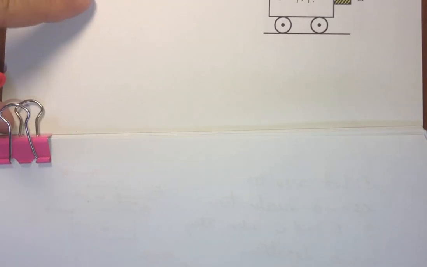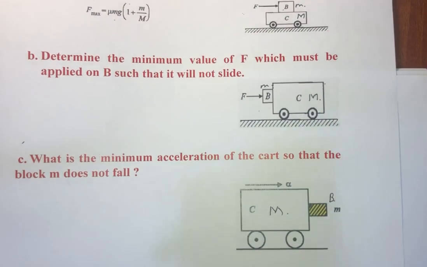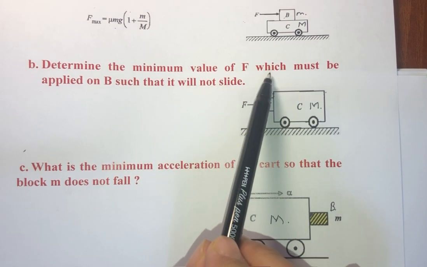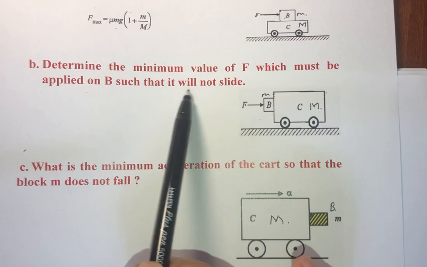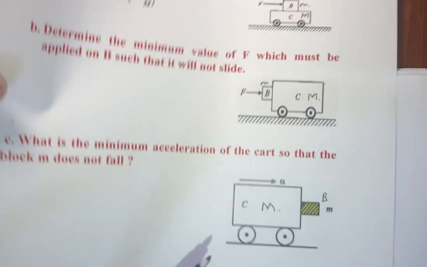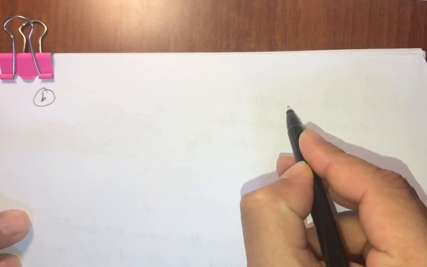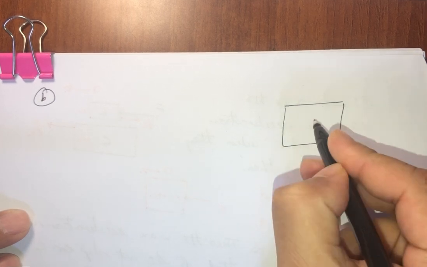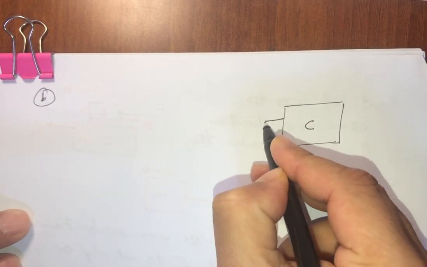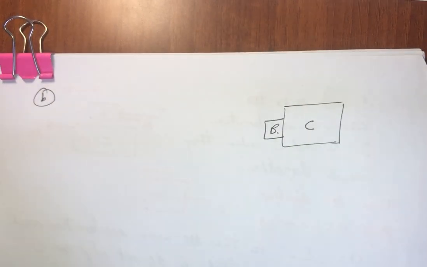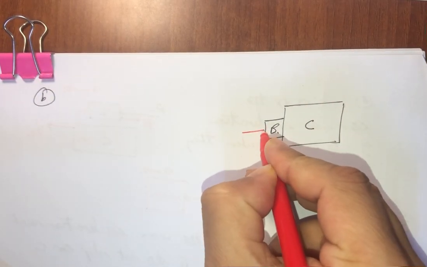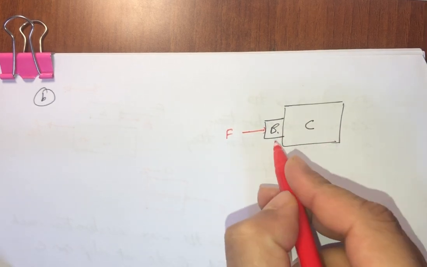Okay. So in part B, we are required to determine the minimum value of F which must be applied on B such that it does not slide. So we have block C and we have block B, and force F is being applied on it.